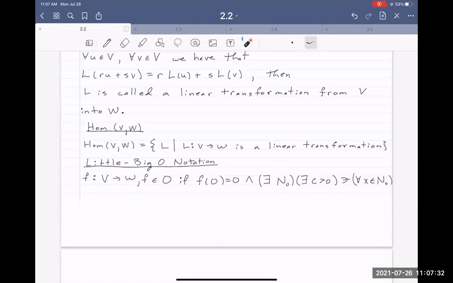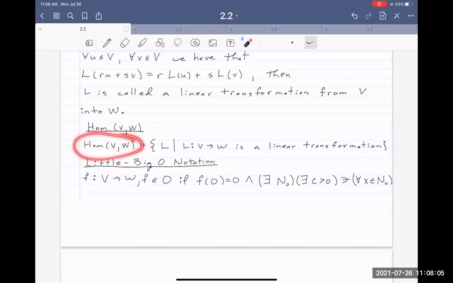So Hom of V, W is the set of all L such that L maps V into W is a linear transformation. So this just stands for the set of all linear transformations from V into W.